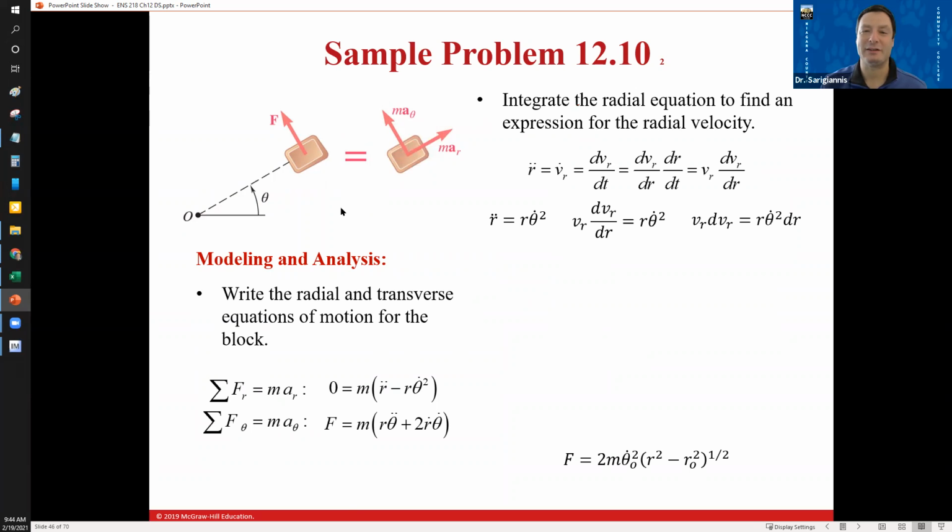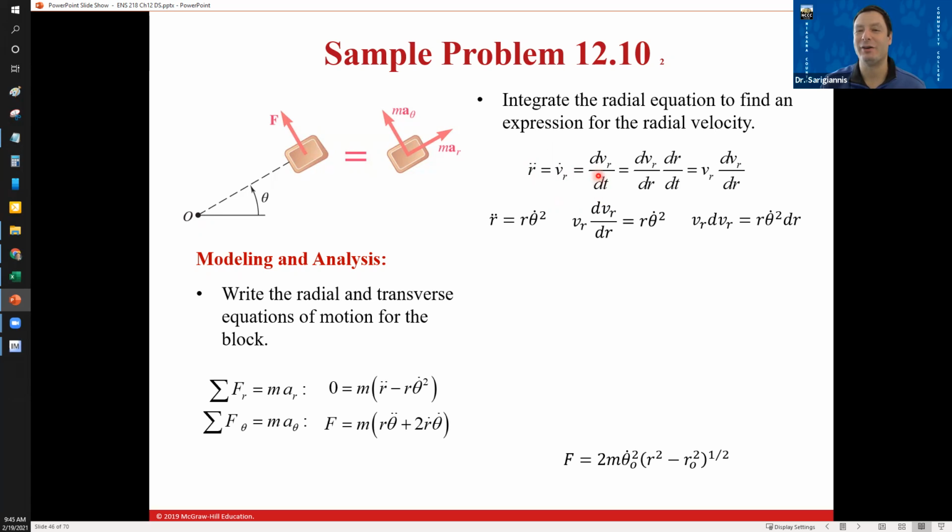So let's write this out. Notice here, they're integrating the radial equation. Let's just look at this identity here. The second derivative of position is the first derivative of velocity, and that's all this is saying.